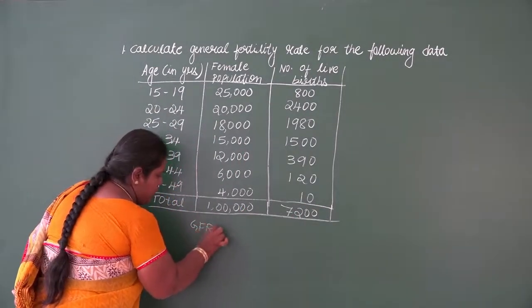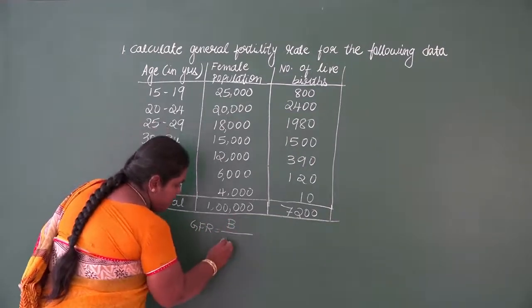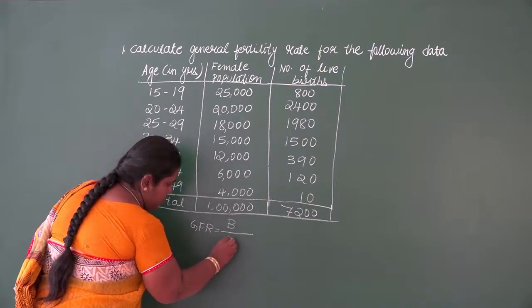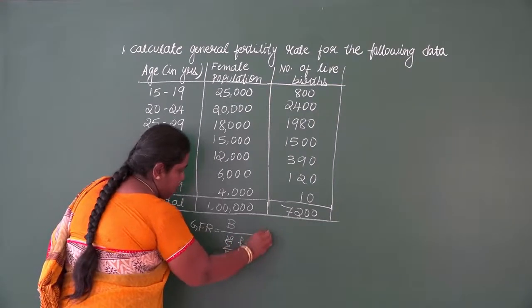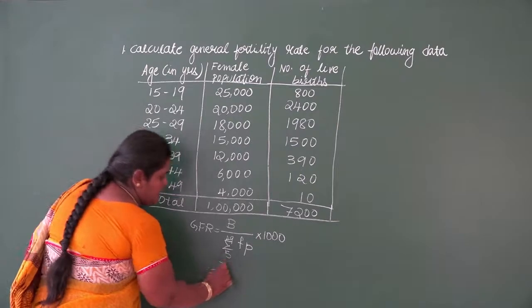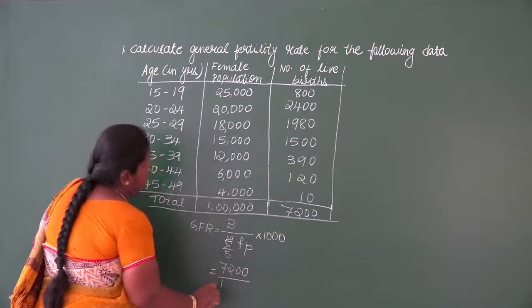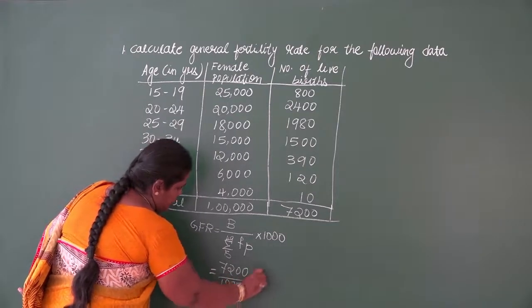GFR equals B divided by sigma female population aged 15 to 49, into 1000. So the birth value is 7,200 divided by 1 lakh into 1000.